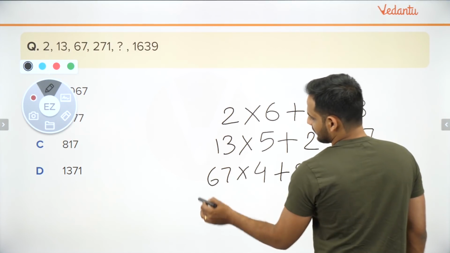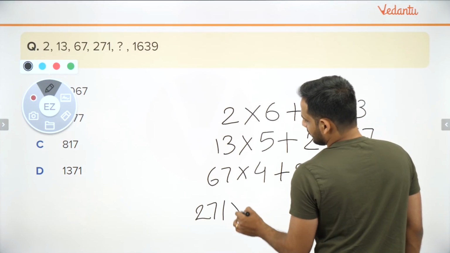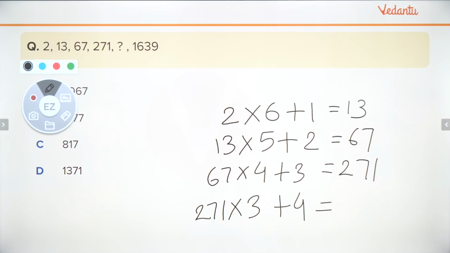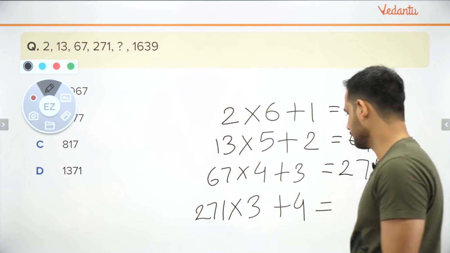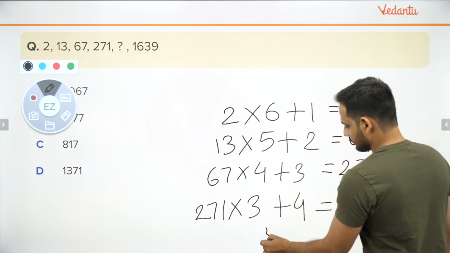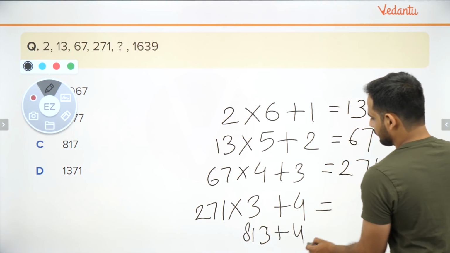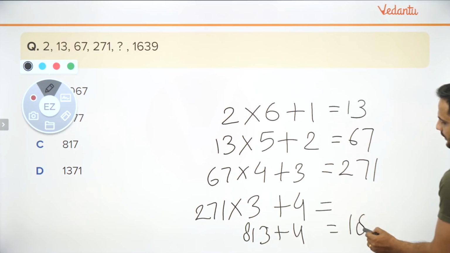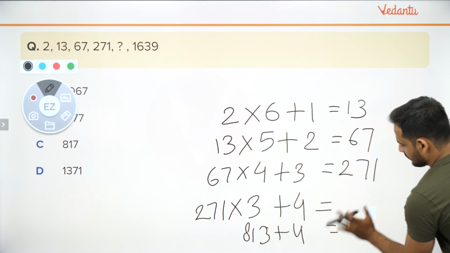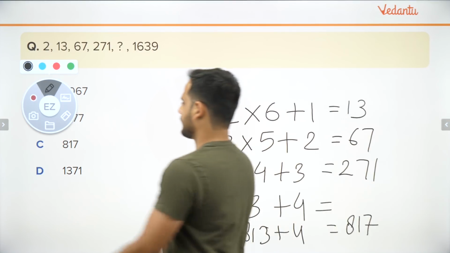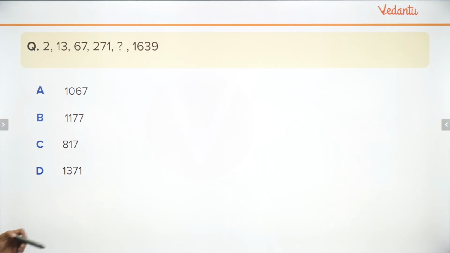Then for the next number, you want 271 into 3 plus 4. So you'll get 813 plus 4, which is equal to 817. So the correct answer will be what? Option C, 817 will be your correct answer.